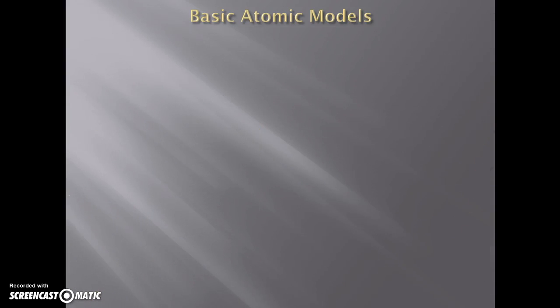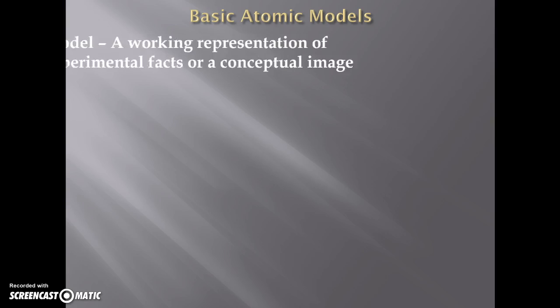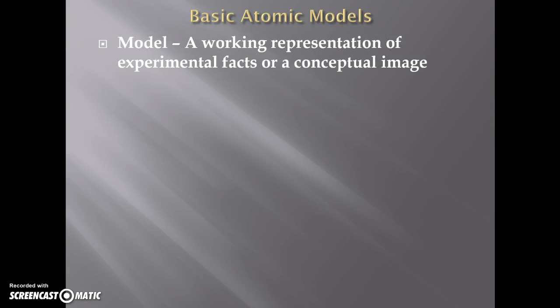So we're going to start with the history of basic atomic models. In other words, where did we even come up with the concept of an atom? Bear in mind that nobody has ever seen an atom. They're too small, even with the most powerful microscopes that we have today. So what we develop is what's called a model, which is a working representation of experimental facts or a conceptual image.